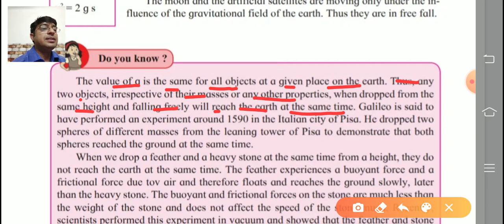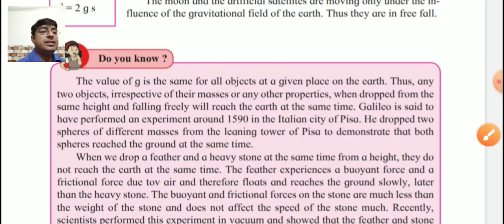Galileo is said to have performed an experiment around 1590 in the Italian city of Pisa.